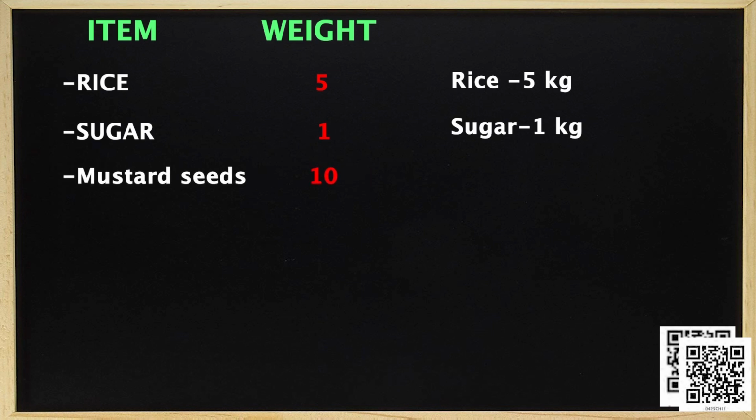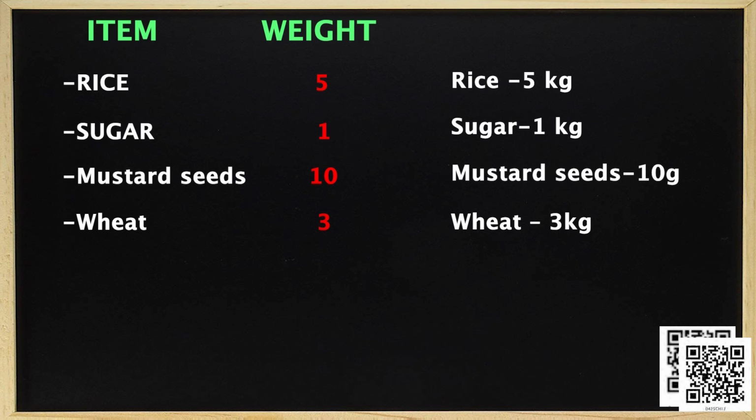Mustard seeds 10, so they have purchased mustard seed in gram, that is 10 gram. Wheat 3, so they have purchased wheat in kilogram, that is 3 kilogram. Dal 500, so they have purchased dal in gram, that is 500 gram.